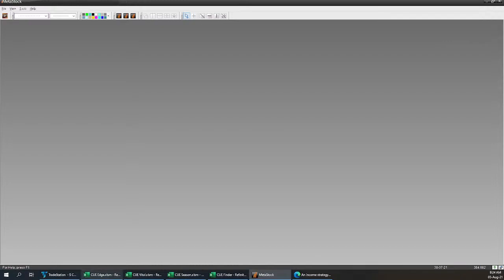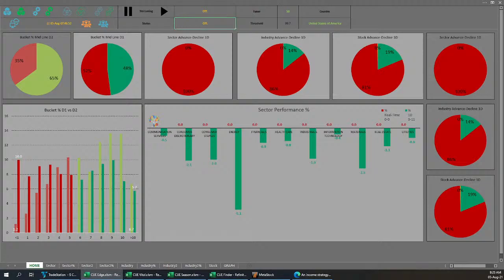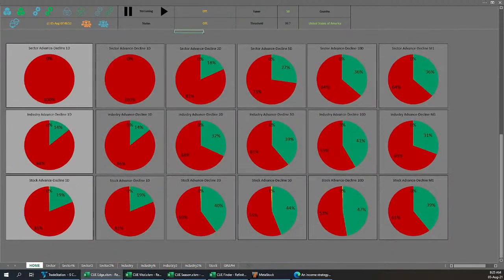The flip-flop is visible from the sector, industry, stock advance-decline as well. This diagram shows the advance-decline breadth from 1 month to 1 day.